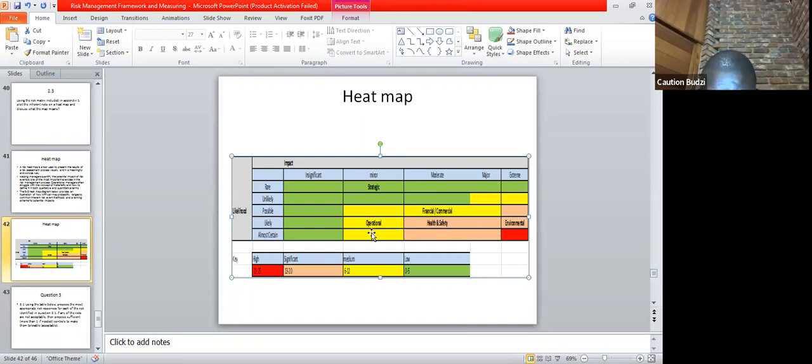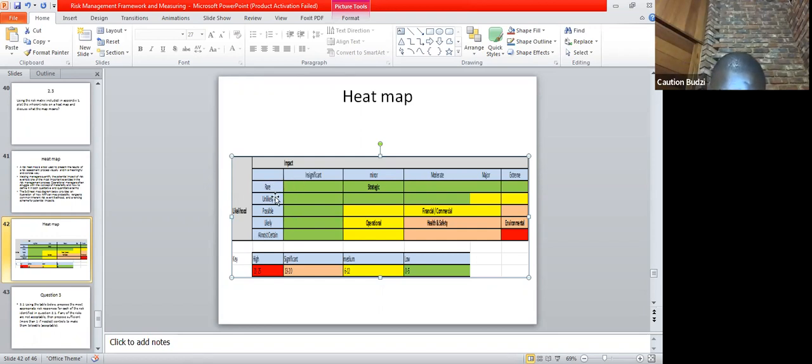Operational risk is likely, but if it happens, the impact will be minor. So it's here in our moderate section, which is highlighted by our yellow color.